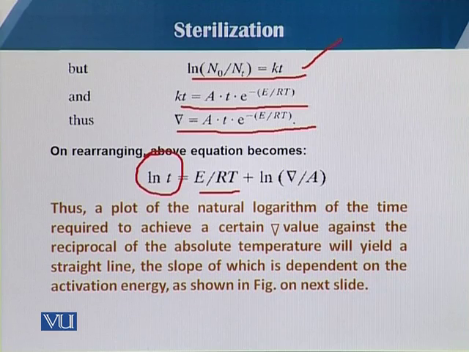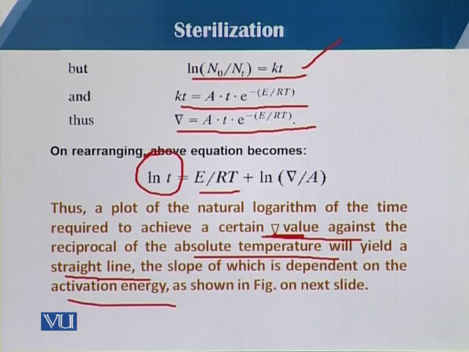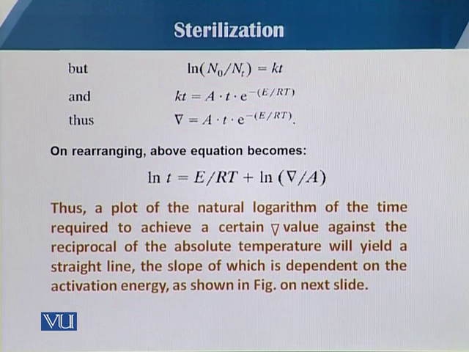The plot of the natural logarithm of the time required to achieve a certain Del factor value against the reciprocal of the absolute temperature will yield a straight line, the slope of which is dependent on the activation energy. You can see this whole relationship in this slide.